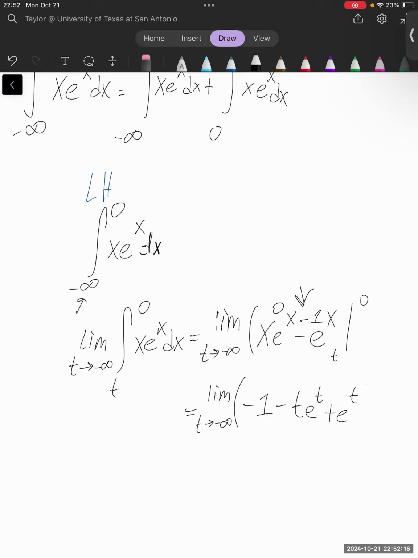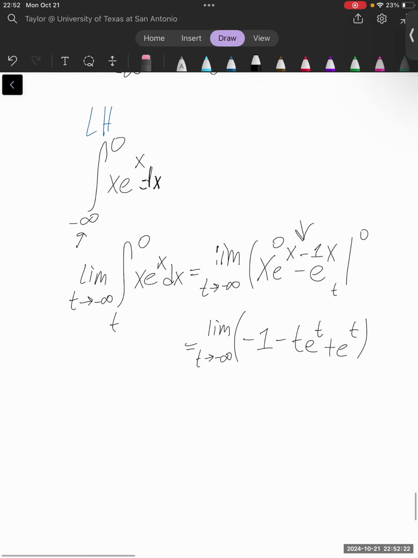Minus minus is a plus. Then we take t to negative infinity. This goes to 0, this goes to 0, so this converges to 0 and this converges to 0, leaving us with -1 for the left-hand side.